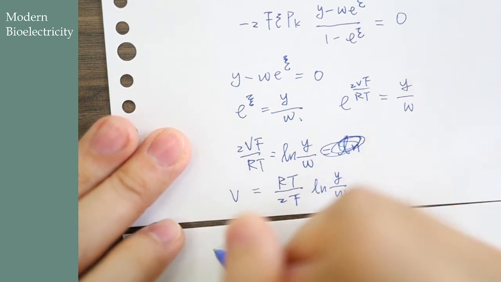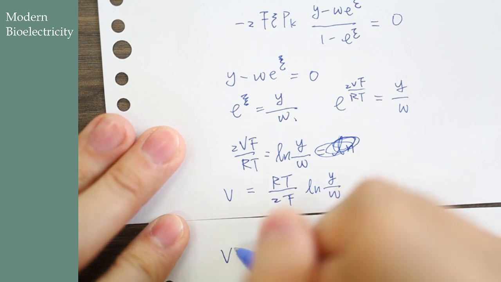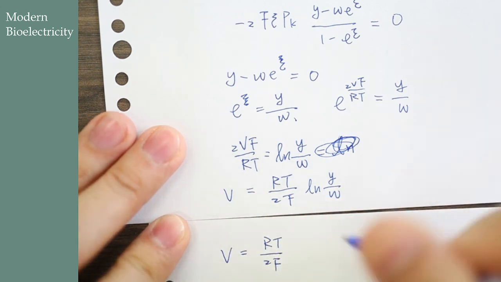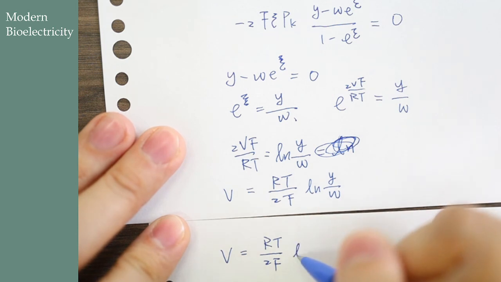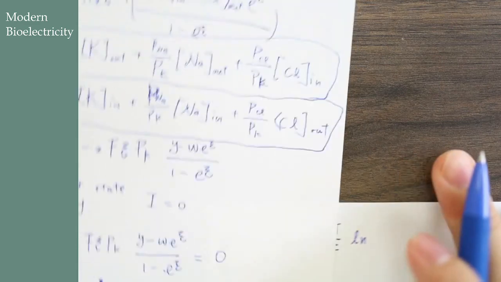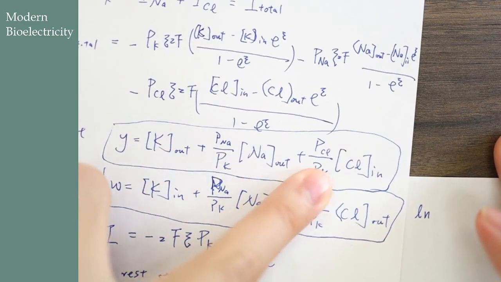So finally we get V is equal to RT over ZF of the log, where Y is right here.